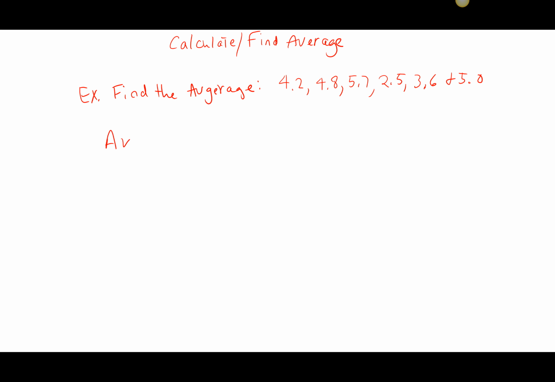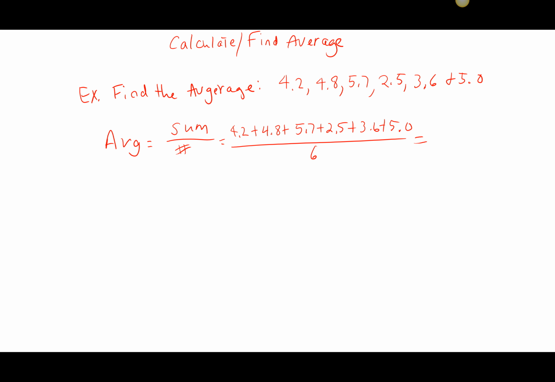So what you do to find the average is take the sum, which is just adding those numbers up, divided by the total number. So for our case, it's going to be 4.2 plus 4.8 plus 5.7 plus 2.5 plus 3.6 plus 5.0, and all that divided by the number 6. That's 1, 2, 3, 4, 5, 6.